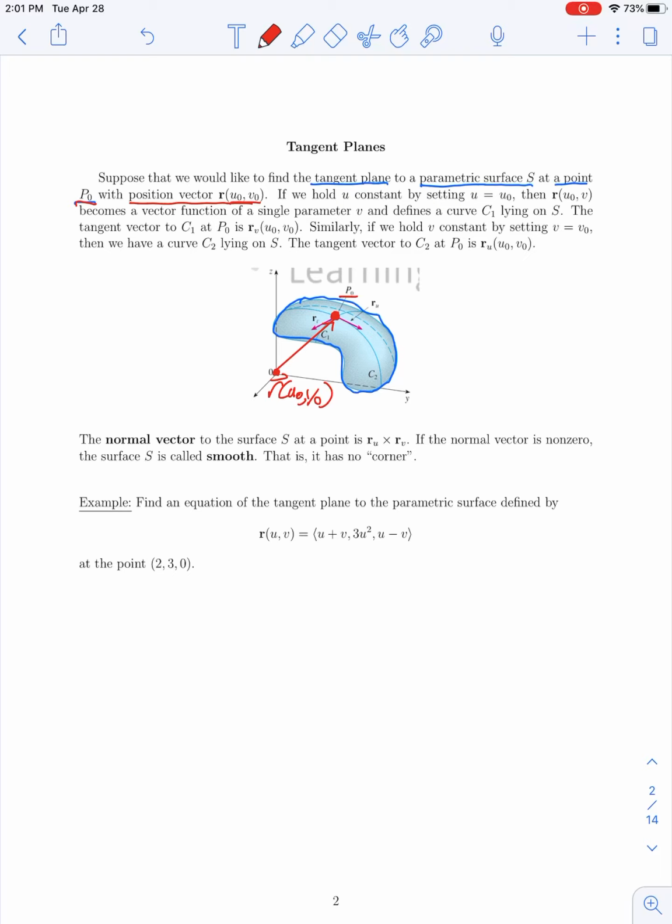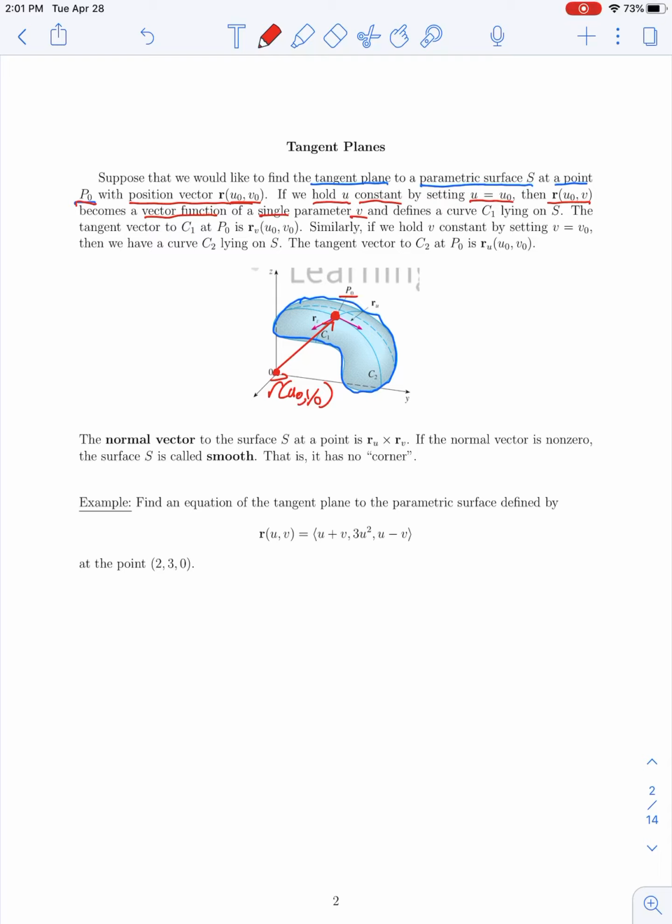So how can we find a tangent plane to this surface? Well, here's one way that we could think about it. If we were to hold u constant by setting u equal to u naught, then the vector function r of u naught v is now a vector function of a single parameter v.